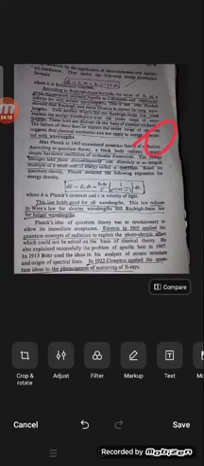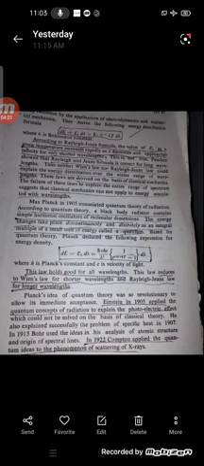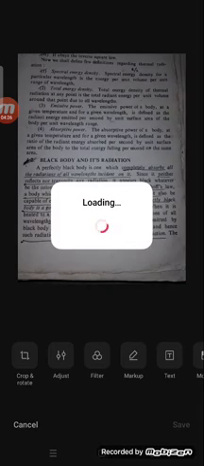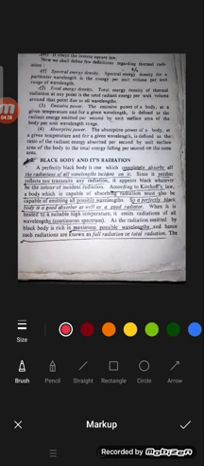This is the quantum theory of radiation proposed by Max Planck, and its main advantage is that it applies to all kinds of wavelengths.